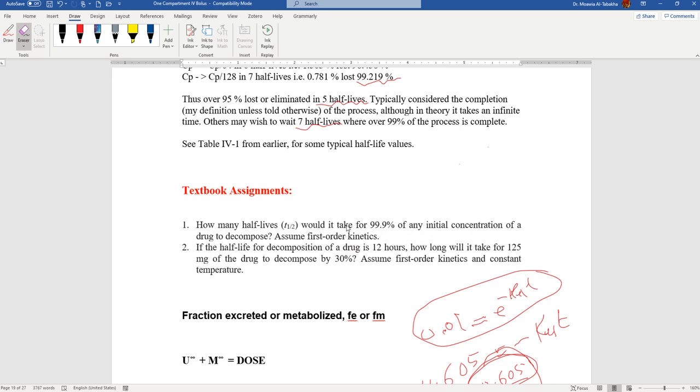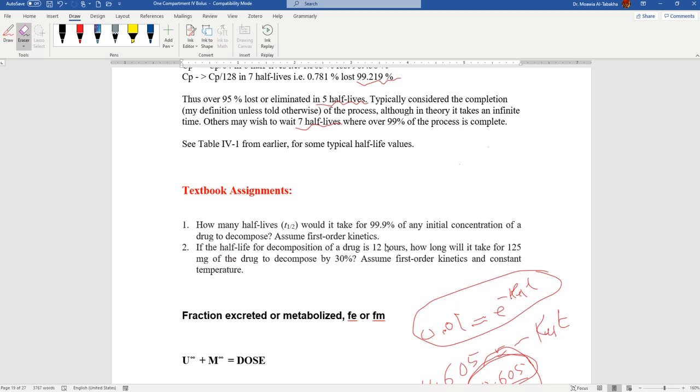Assume first order kinetics. Here I want you to imagine the following. You gave an injection of a drug, an IV push we call it, and then 99.9% of that push is eliminated.